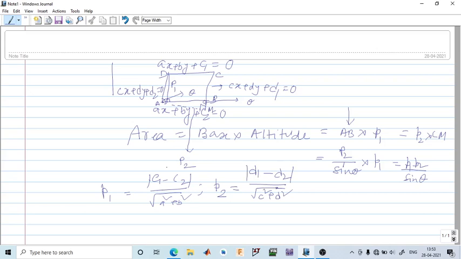What will be tan theta? Tan theta is from the slopes of the lines cx plus dy plus d2 and ax plus by plus c2. This is theta.